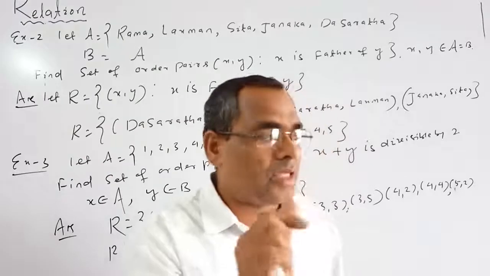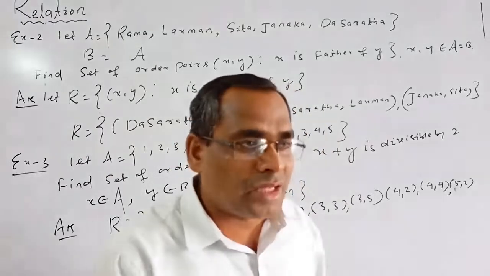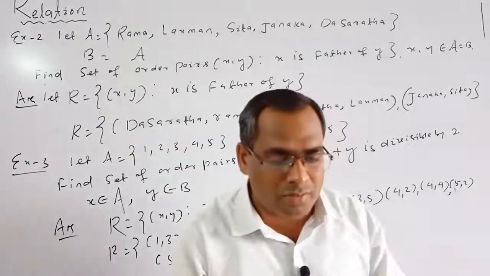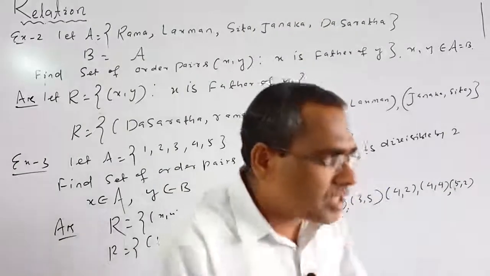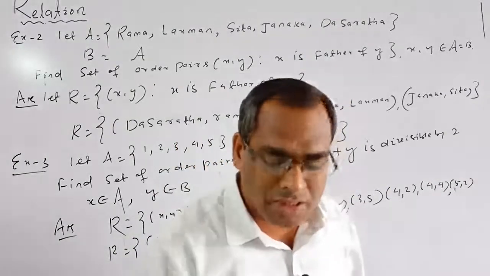If A and B are two non-empty sets and R is a relation from A to B, then R must be a subset of A cross B. A subset of A cross B is a relation.